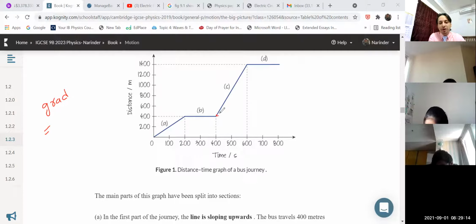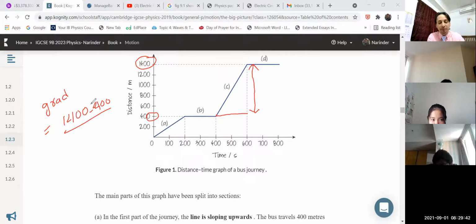So here you can complete this triangle. What is rise? What is this value, children? Listen carefully. If some of you are not aware how to find the rise here, this rise will be the highest value, sorry, not 400, 1400, minus the lowest value starting from this point. The difference of 1400 minus 400 will give you the y component here.